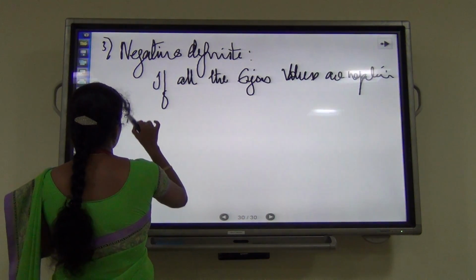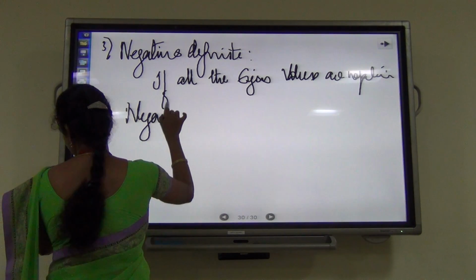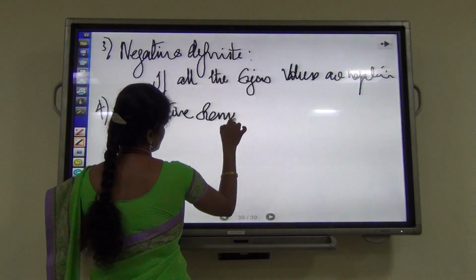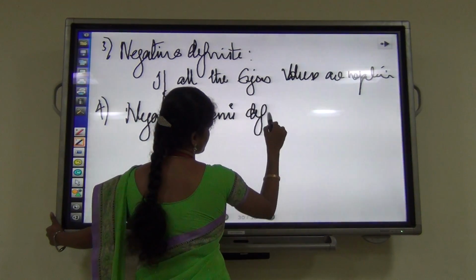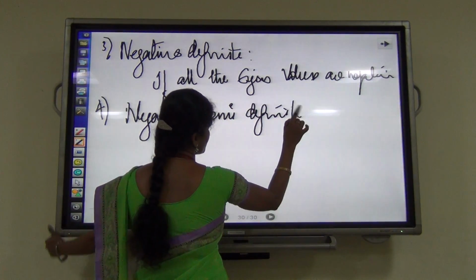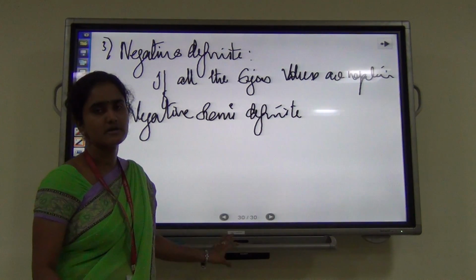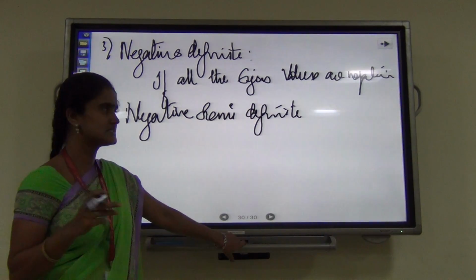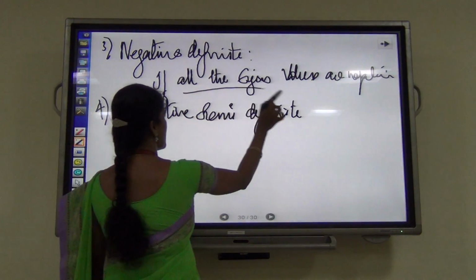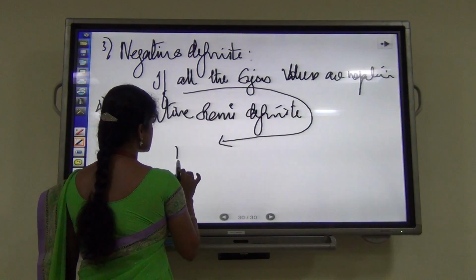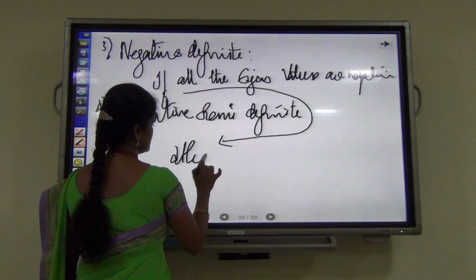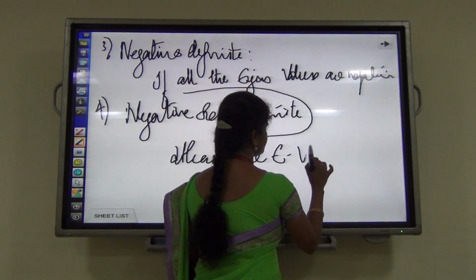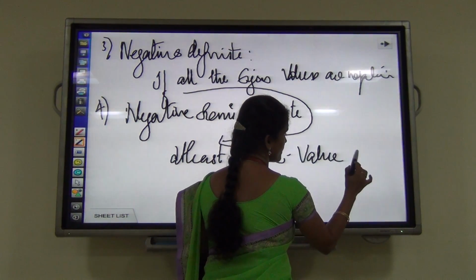And negative semi-definite will be when all the eigenvalues are negative with at least one eigenvalue as 0.